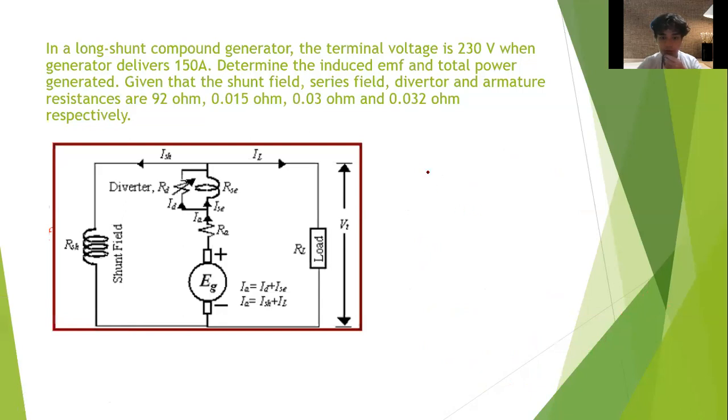For this, we add the remaining resistance, the armature resistance, which is 0.032, to the previously obtained combined resistance of the series field and diverter, which is 0.01.